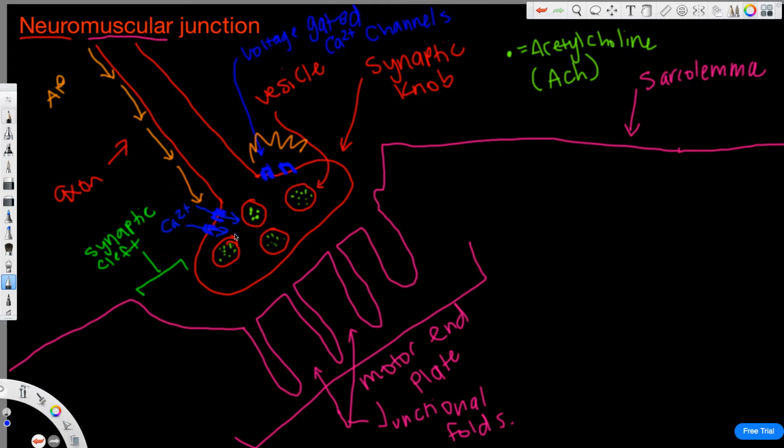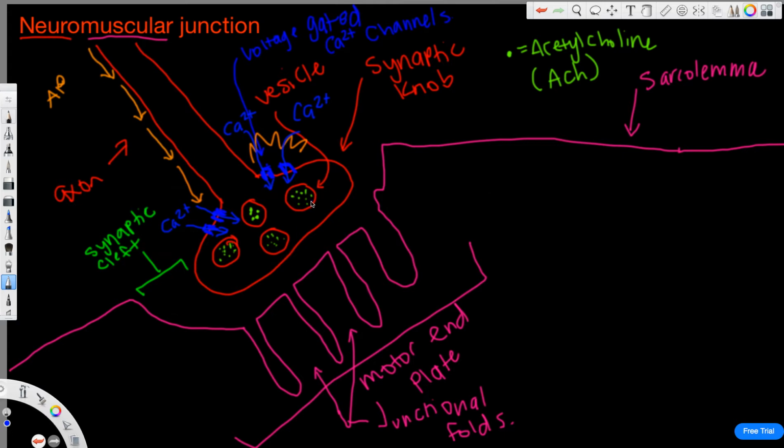into the synaptic knob. Now, one mistake that I've noticed some of my students making is assuming that this calcium and these arrows mean that there's calcium inside the vesicles. That is not true. The vesicles contain acetylcholine, as you can see. The reason that we need the influx of calcium is because the influx of calcium, through a bunch of intracellular processes that I'm not going to ask you about, causes the exocytosis of vesicles of acetylcholine.